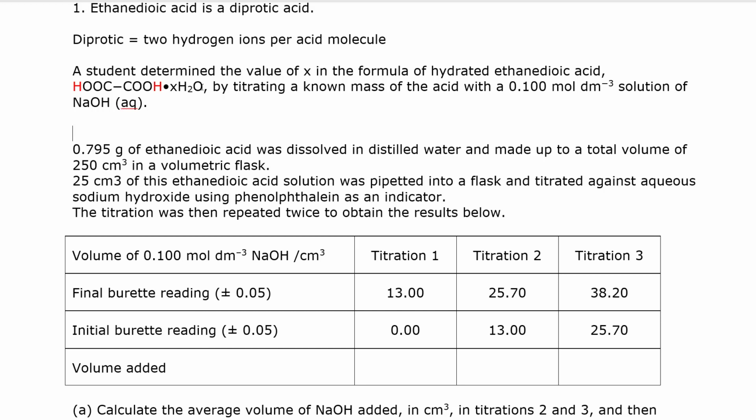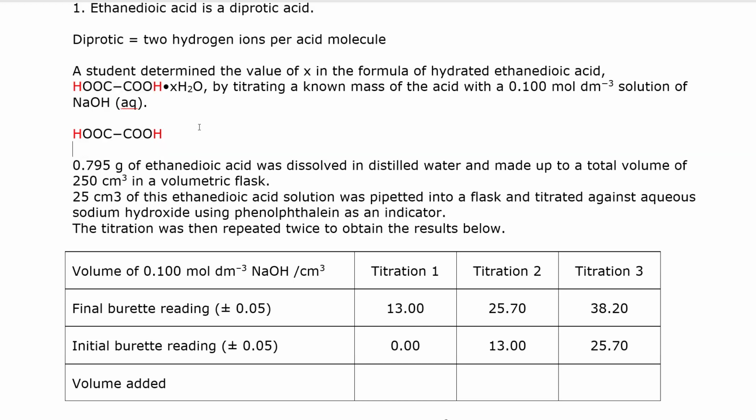Now these are water molecules of crystallization. Once you dissolve the acid, these just intermingle with the water. But of course, when you weigh it out, you can't help but weigh the XH2O out as well. So the first part of the question involves determining this part of the acid, how many of these are going to react with two NaOHs.